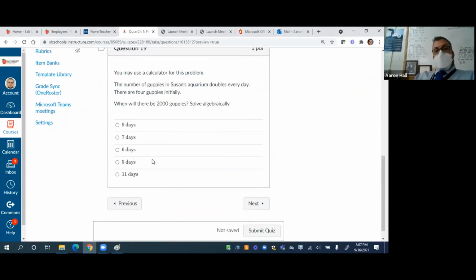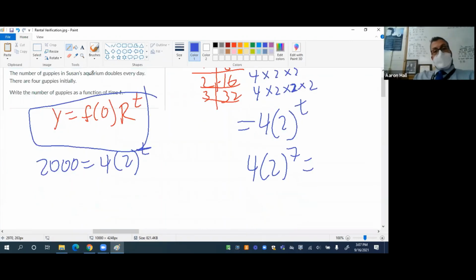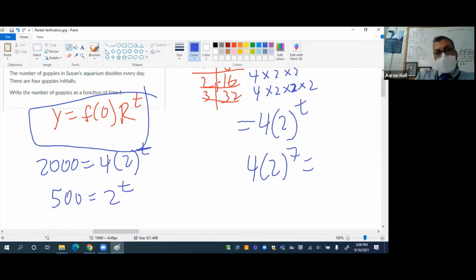All right, next one. When will there be 2,000 guppies? How do I calculate when I'm going to have 2,000 guppies? So I have 2,000 equals, and we still have our equation. How do I solve for t? Okay, we're going to divide by 4 on both sides. That gives me 500 equals 2 to the power of t. Yeah, log base 2, that's one of our inverses.